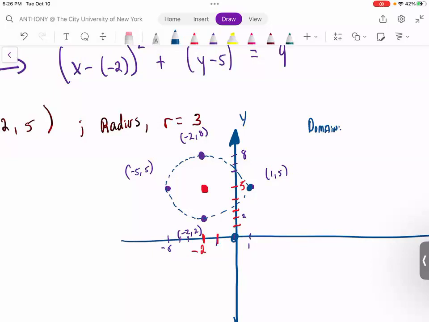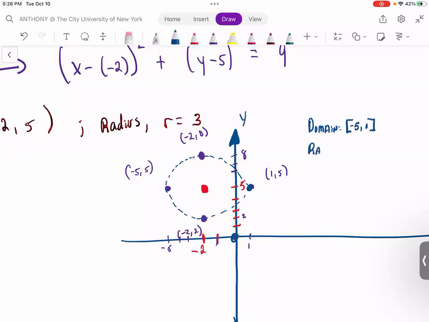The lowest value is -5. And what would be your highest value of x? 1. Are -5 and 1 included here? Yes, they are. So we use square brackets. So our domain is [-5, 1].